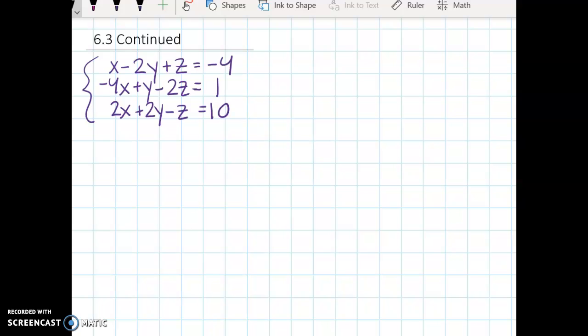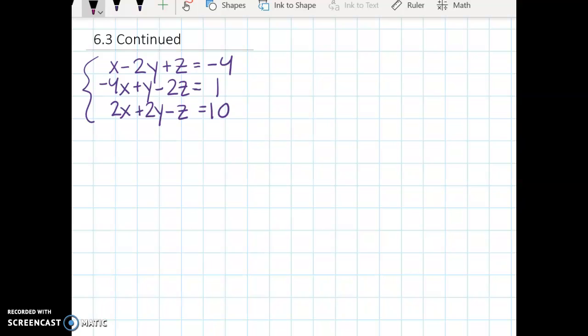Our first step generally is to try to pick two equations and eliminate a variable. You could do any of these. If you notice that if we put the top and third one together, things will automatically cancel.